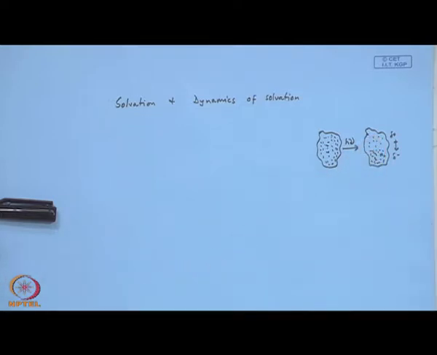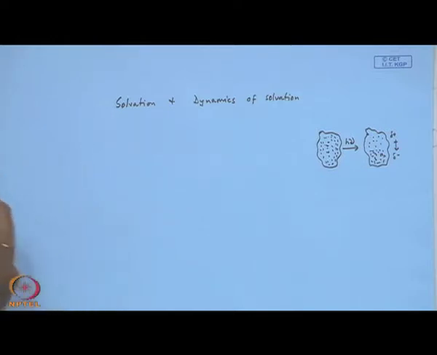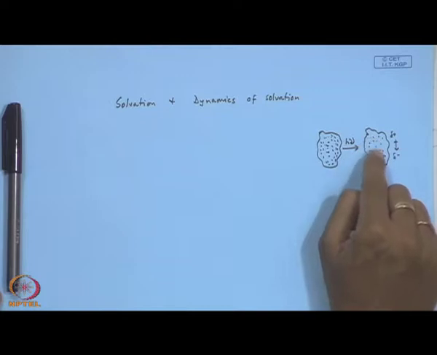Because whenever you shine radiation, that radiation is an electromagnetic radiation. As a result of this electromagnetic interaction between the radiation and your matter, the molecule is excited from the ground state to another level, and because of this excitation, a dipole is created.